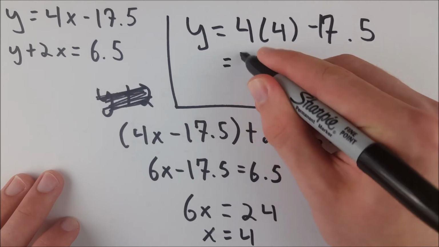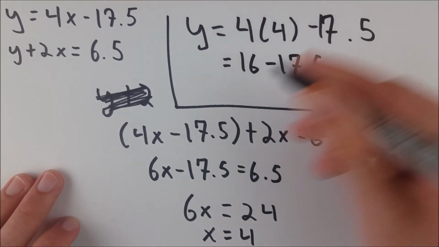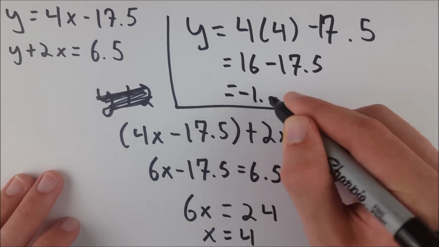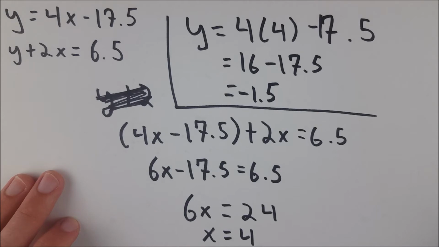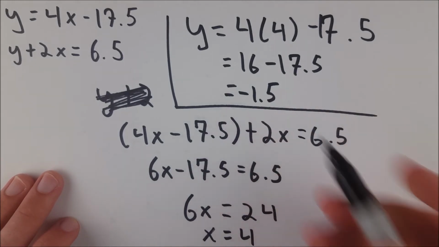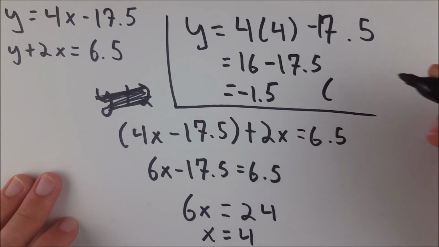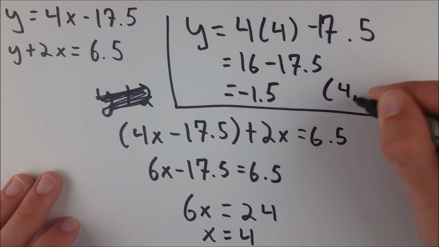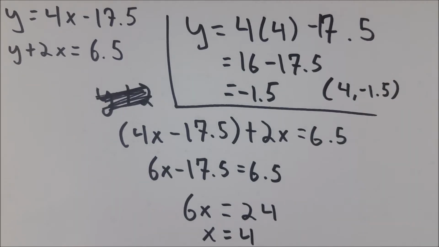So y is equal to 16 minus 17.5, so y is equal to negative 1.5. So the solution to this system of equations is x equals 4, y equals negative 1.5. If you were to graph them as lines, they would intersect at the point (4, negative 1.5). And that is how you solve a system of equations using substitution.